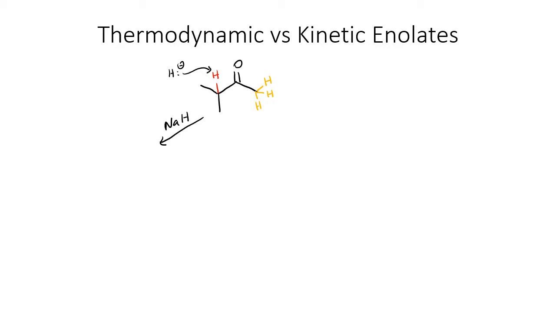So it'll come over and give the electrons to the alpha carbon. Now the reason that it does this is because if we take a look at the enolate that forms, we have our lone pair on the more substituted carbon. Now we know that enolates are capable of being stabilized by resonance, so let's go ahead and draw the resonance structure for this enolate.